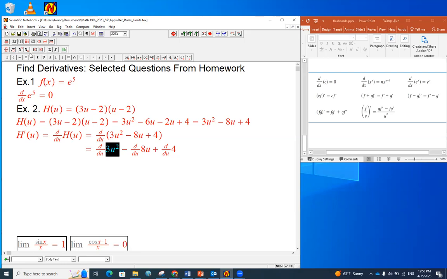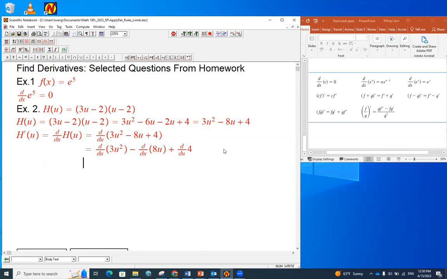Put parentheses if you want. Of course, as you're getting better, you can probably do this faster than I can. And now the 3, the constant, can be brought outside. So the derivative with respect to u, now you have u squared.